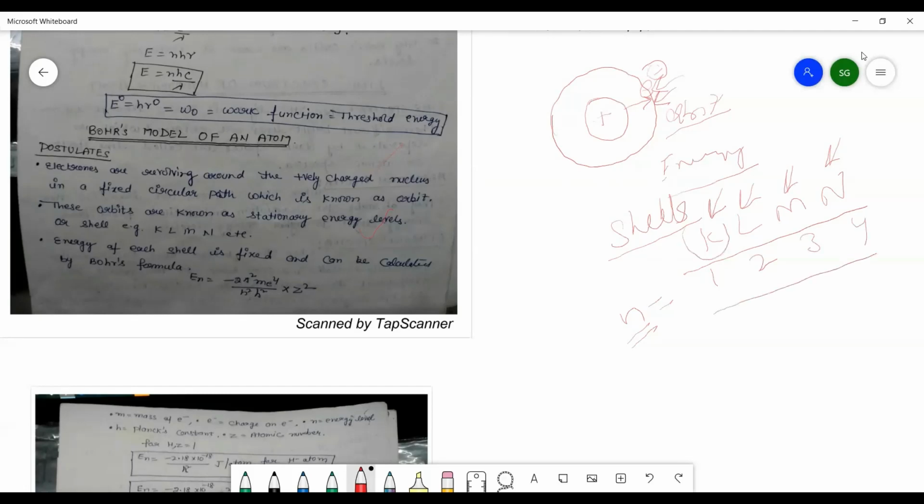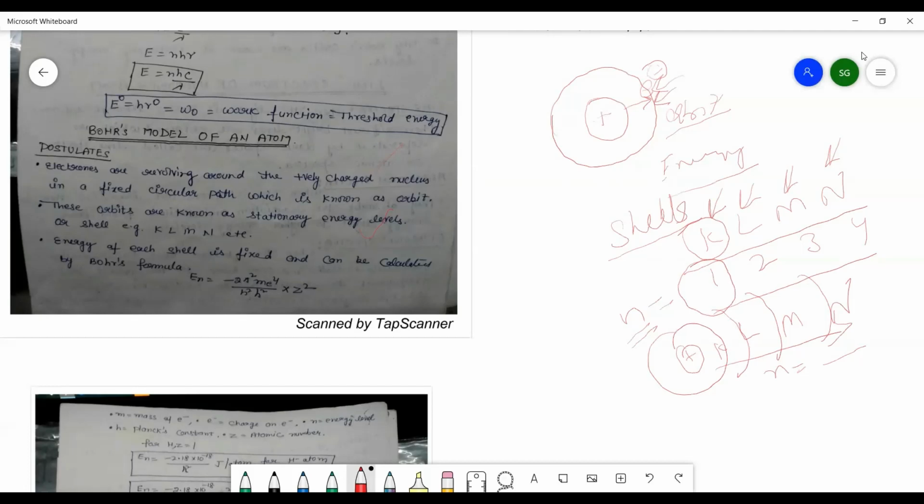Whenever the K shell is mentioned, it means the electron is present in the first orbit. Similarly K, L, M, N. So the value of n increases from the nucleus to the valence shell.